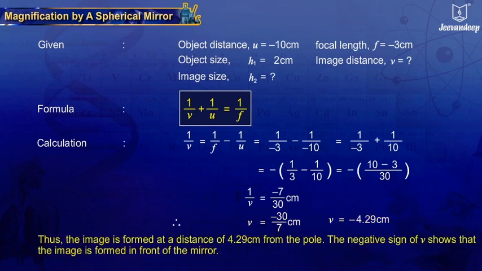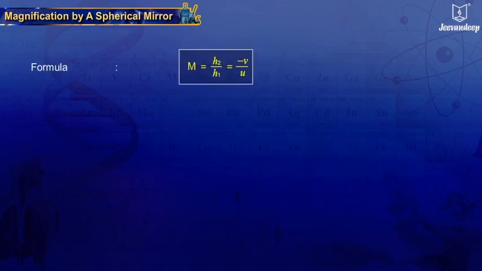Thus, the image is formed at a distance of 4.29 centimeters from the pole. The negative sign of v shows that the image is formed in front of the mirror. To find out the height of the image, we use the formula m = h2/h1 = -v/u.